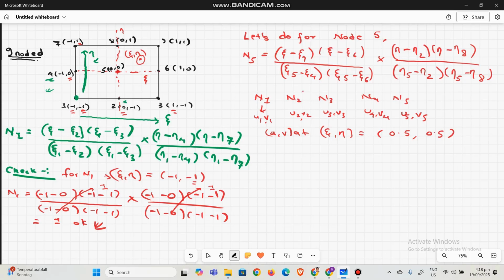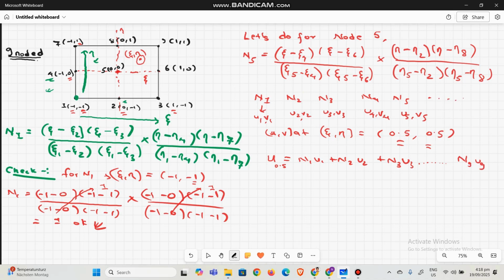For finding the displacement at this point, let's say the u displacement at 0.5, you just need to do n1 u1, n2 u2, n3 u3, and so on until n9 u9.